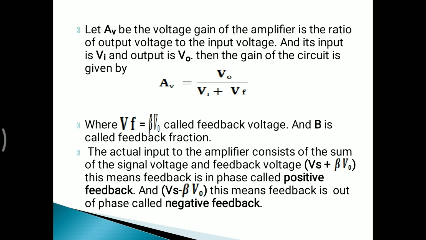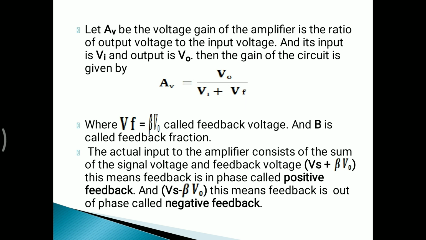The opposite is when the input signal is opposite to the output signal coming through the feedback network, meaning Vs minus beta into V naught. This means the feedback is out of phase. Out of phase means the waveform is opposite to the input signal, called negative feedback.